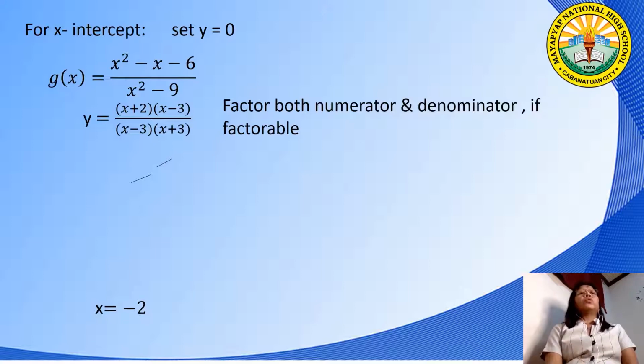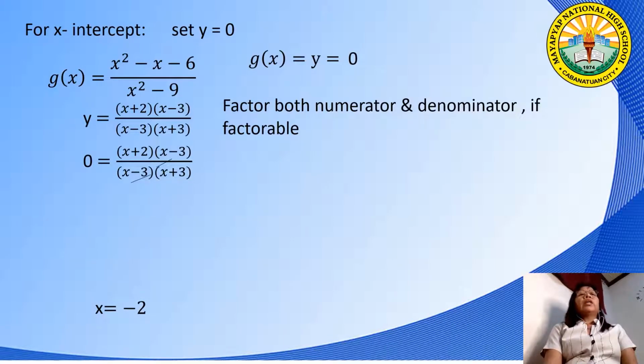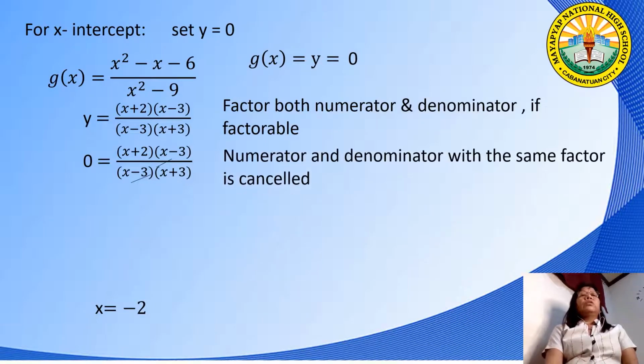These are the factors of the numerator and denominator. So, where g of x is equal to y and y is equal to 0, you replace y with 0. So, it becomes 0 equals quantity x plus 2 times quantity x minus 3 divided by quantity x minus 3 times quantity x plus 3. So, numerator and denominator with the same factor is cancelled.